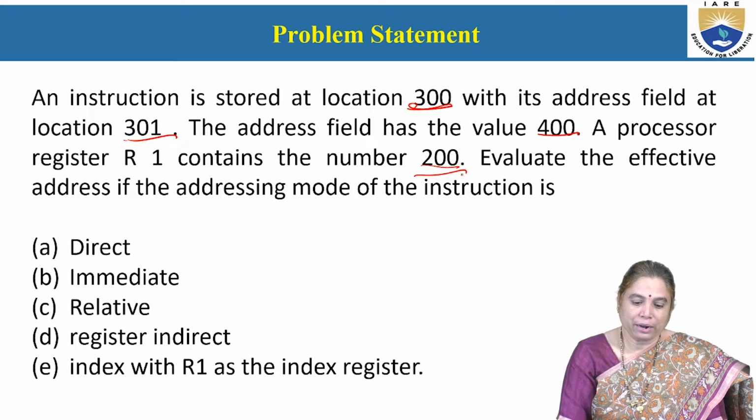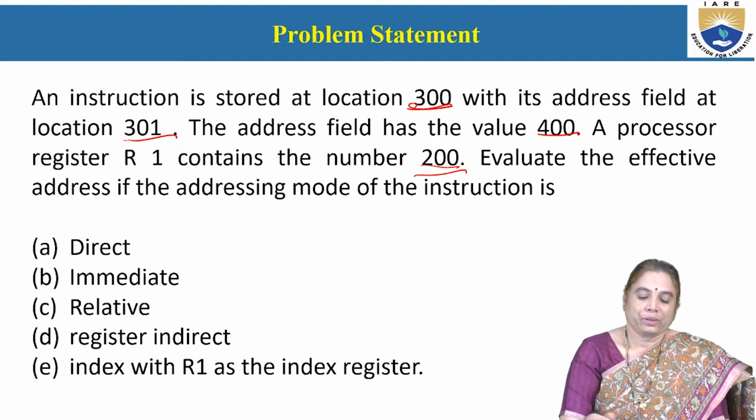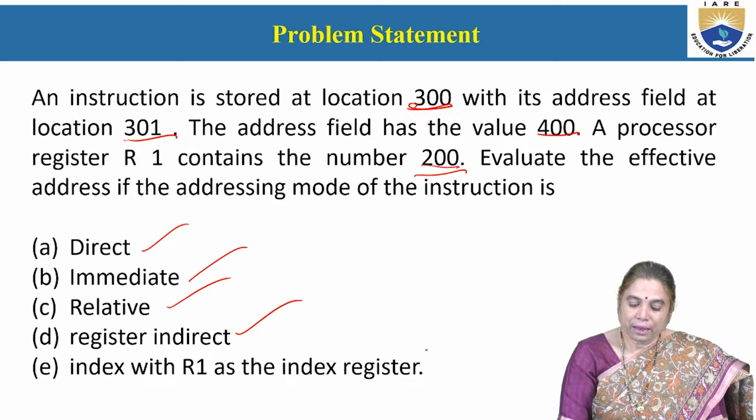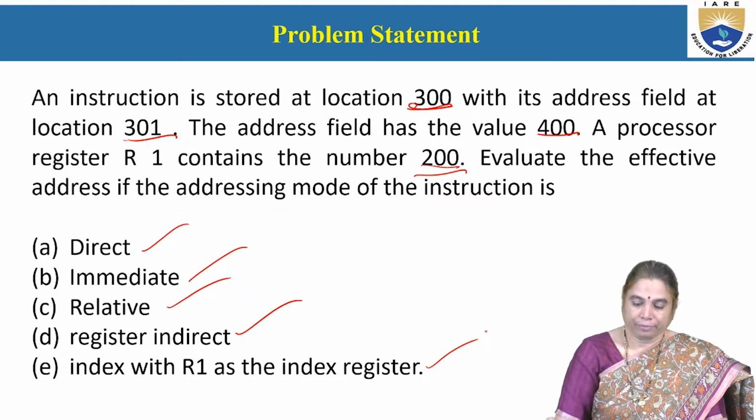Evaluate the effective address if the addressing mode of the instruction is: the first case is direct addressing mode, the second case is immediate addressing mode, third one relative addressing mode, fourth one register indirect addressing mode, fifth one index with R1 as index register.